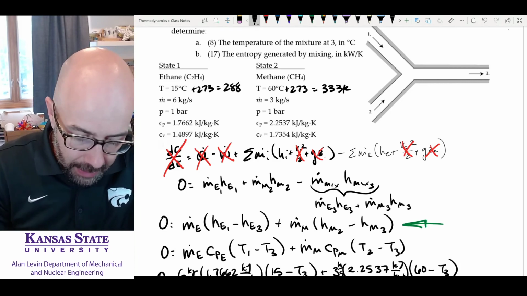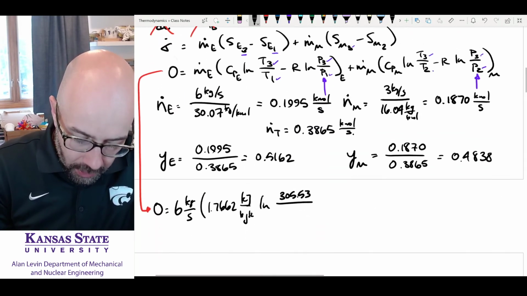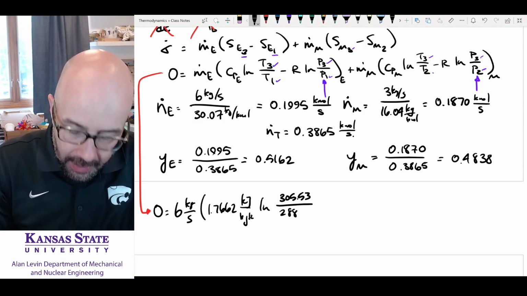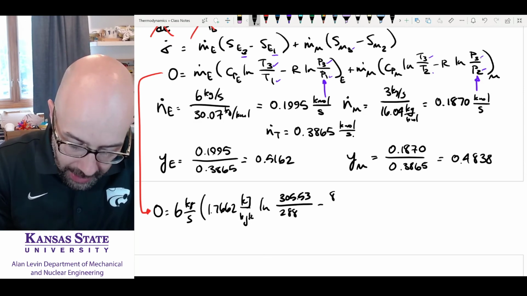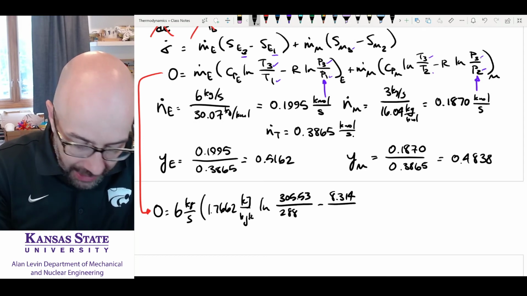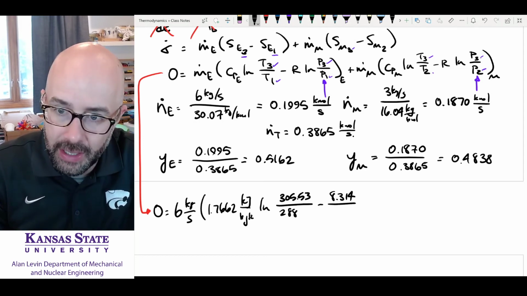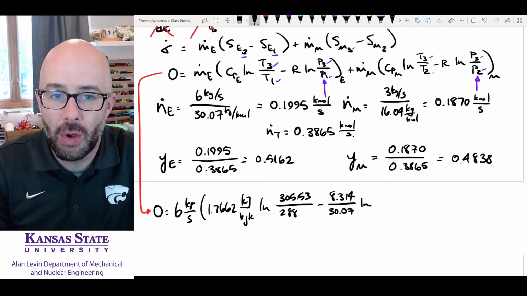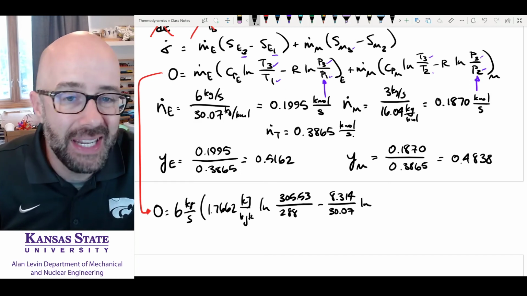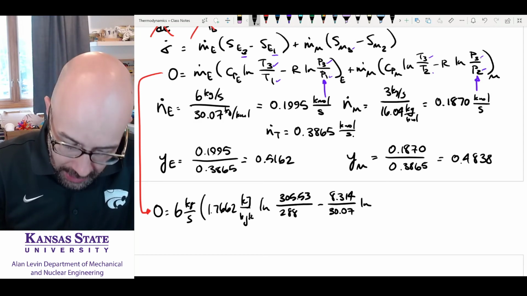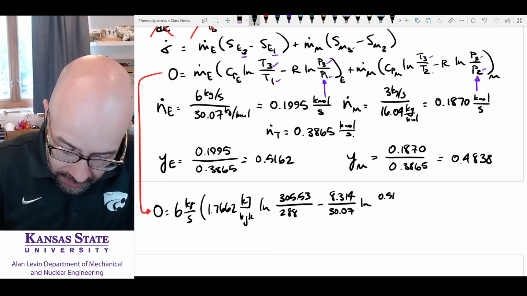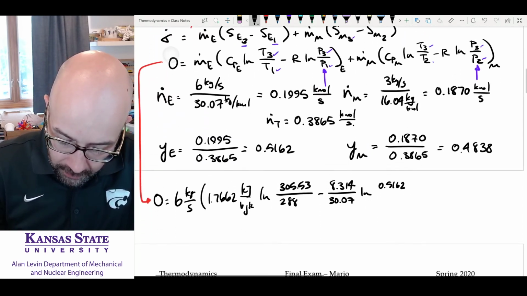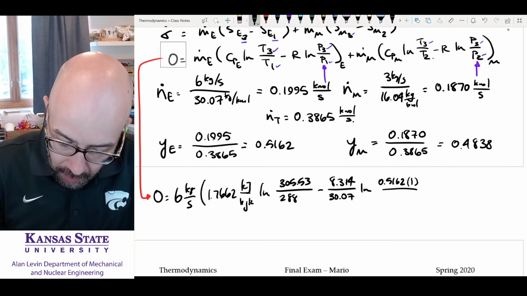Okay, so let's put those numbers down here. So 305.53 divided by 288, then minus R, which is 8.314 divided by the molecular weight of my ethane, 30.07, times the natural log of my P3 over my P1, which is 0.5162 times the pressure, 1 bar, all over 1 bar.